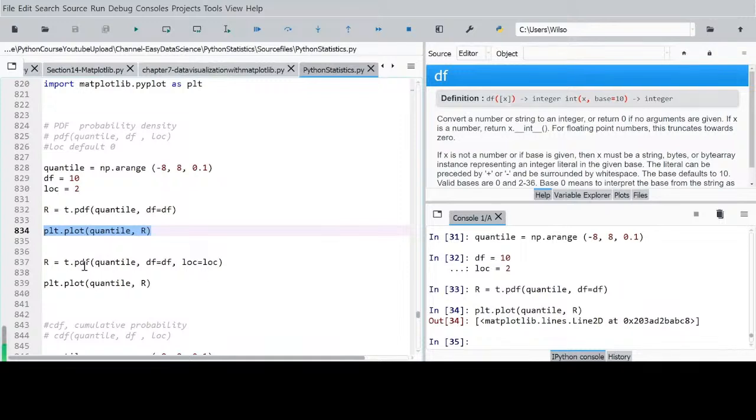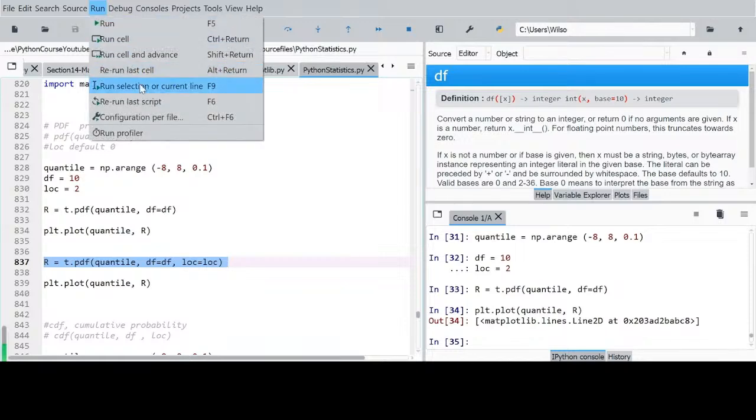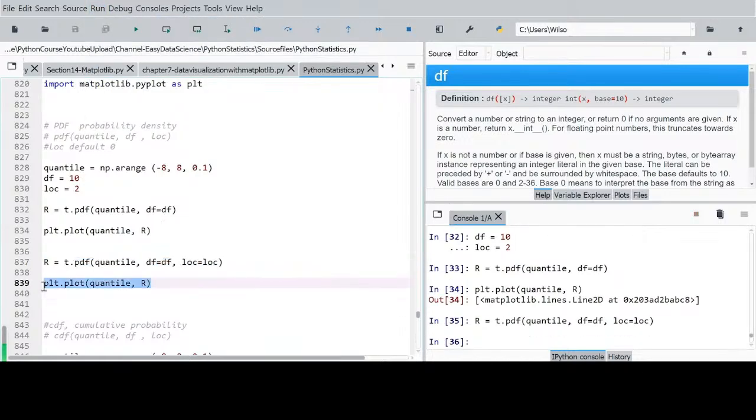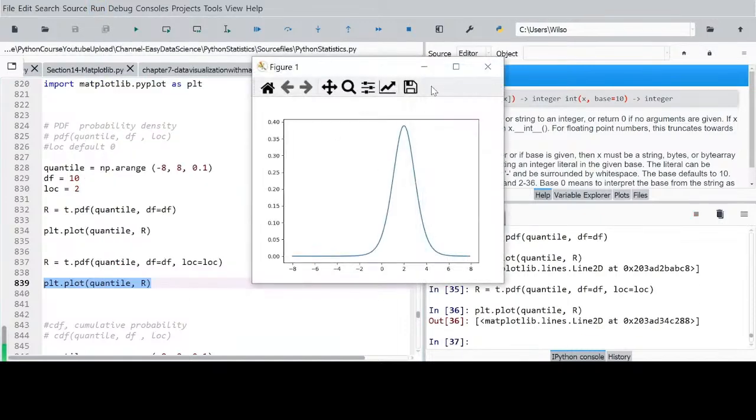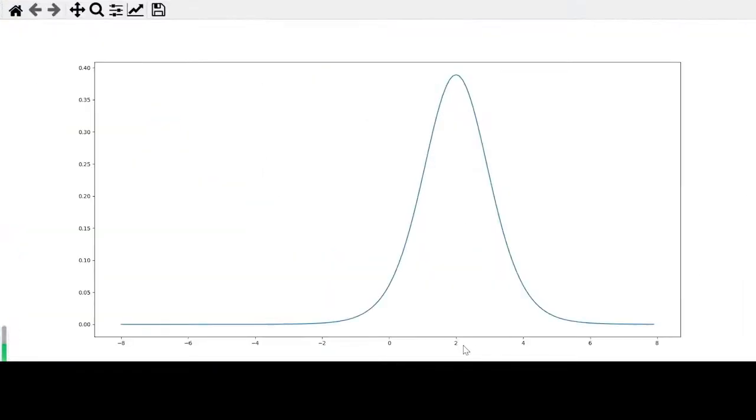So next we can calculate again this random variable's density if we set the location equals 2 here. So we plot again. Because we set the location to 2, and the t-distribution is symmetric, the location here is also the mean value.